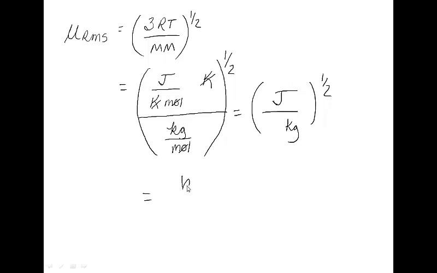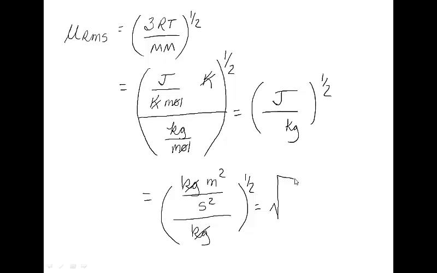A joule is a kilogram meter squared per second squared, over kilogram. The joule is kilograms meter squared per second squared. Now notice the kilogram's going to cancel. So you basically have, after all this manipulation, meters squared over seconds squared square rooted, which of course is meters per second.